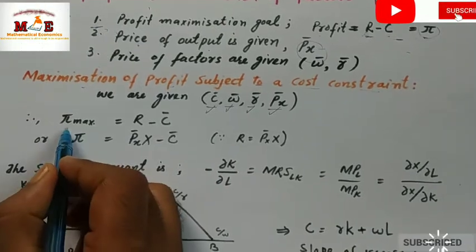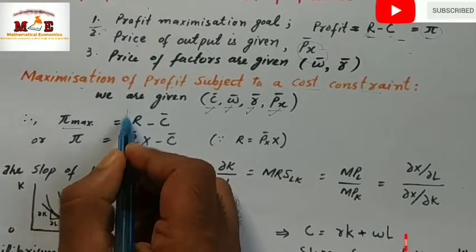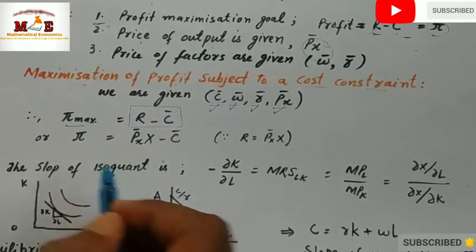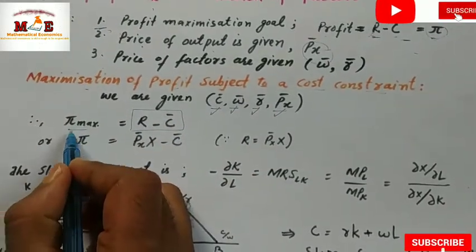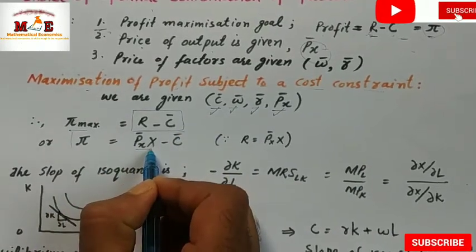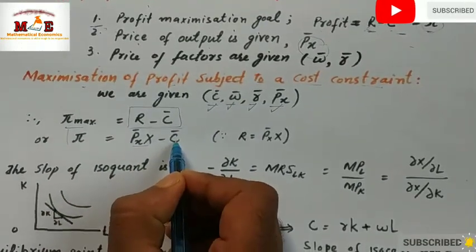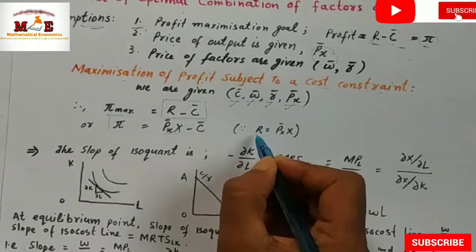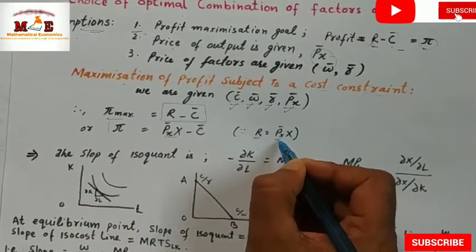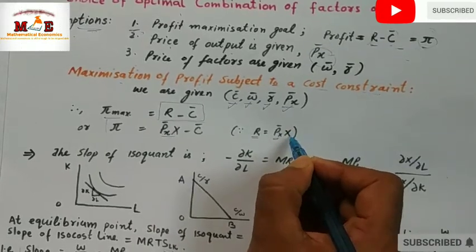Therefore, the profit maximization condition is total revenue minus total costs, or this equation can be rewritten as pi, or profit, equals P of X multiplied by X minus C, because we know that total revenue equals price of the product multiplied by the product.